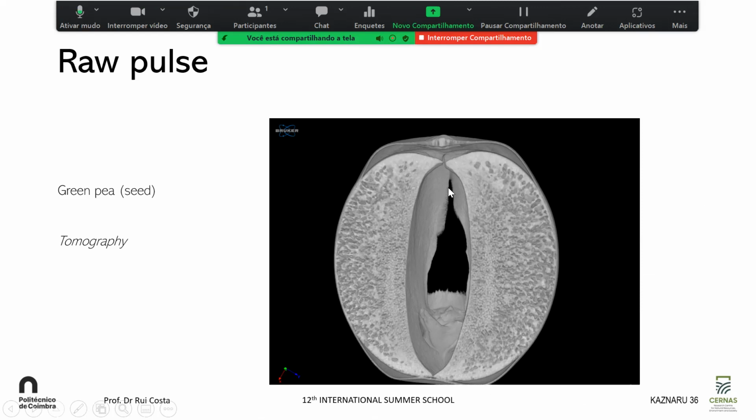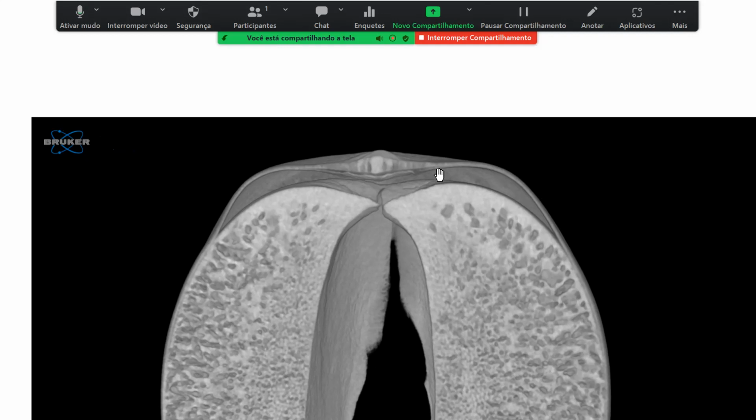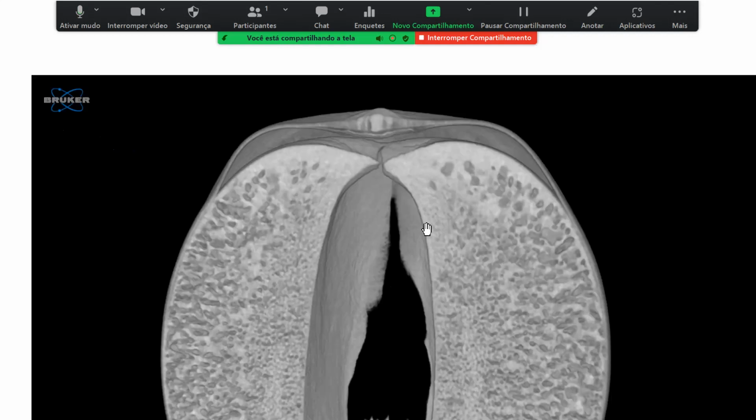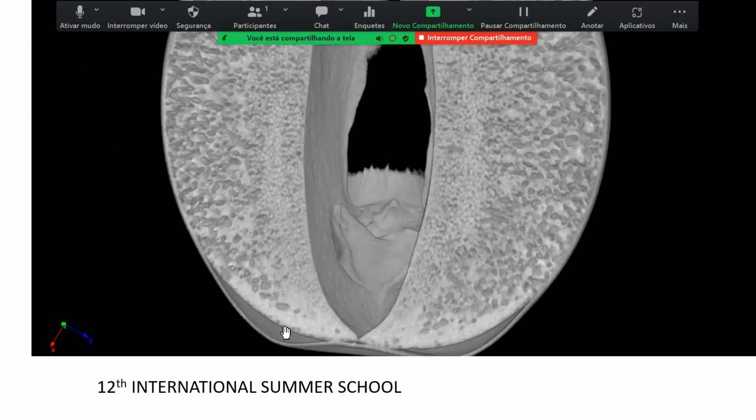And you see that there is a big space between them. Okay, so there are several spaces here. Here in the top, between the skin and the cotyledons, between the cotyledons, and also here between the skin and the cotyledons.